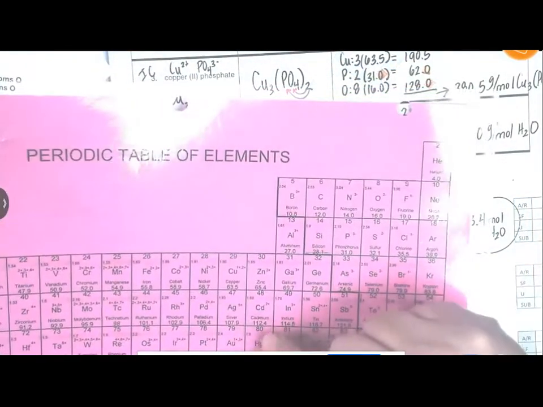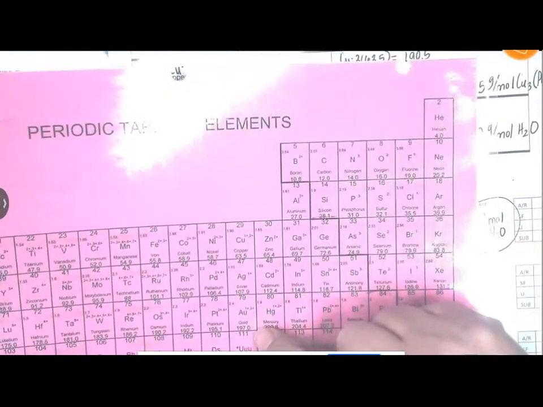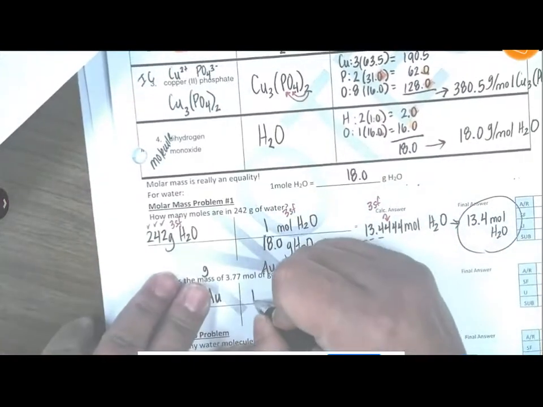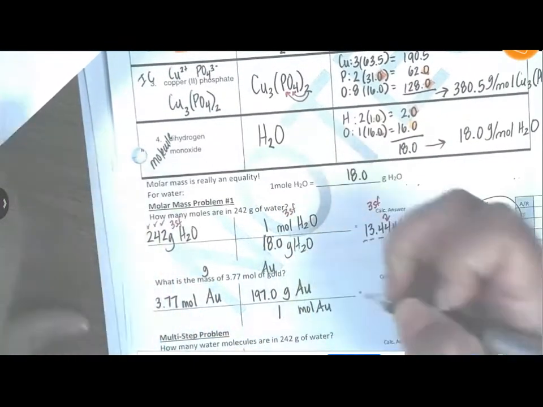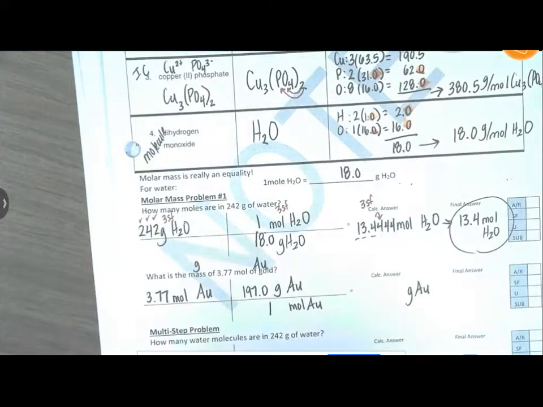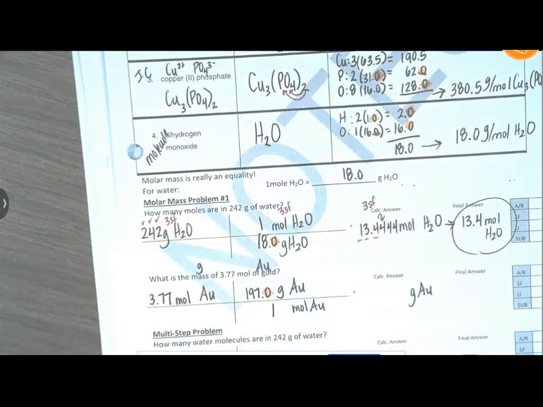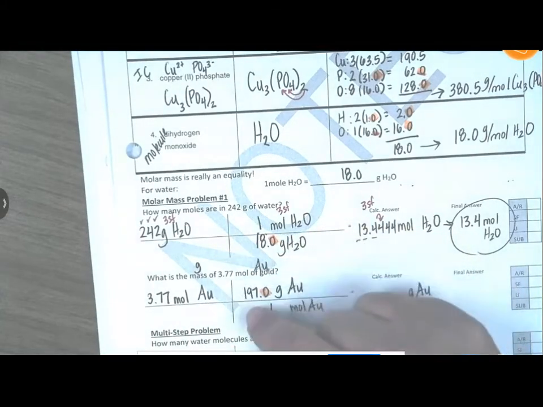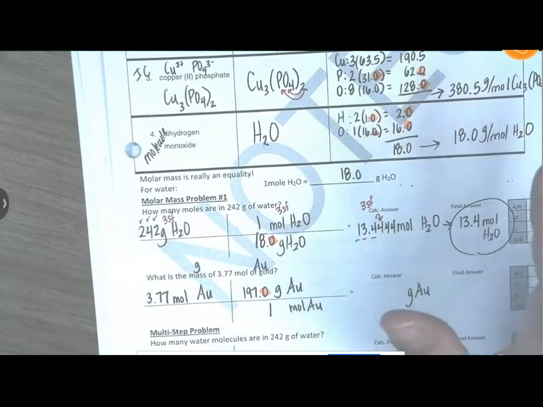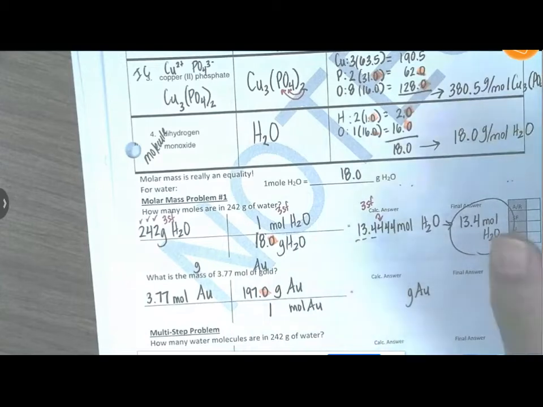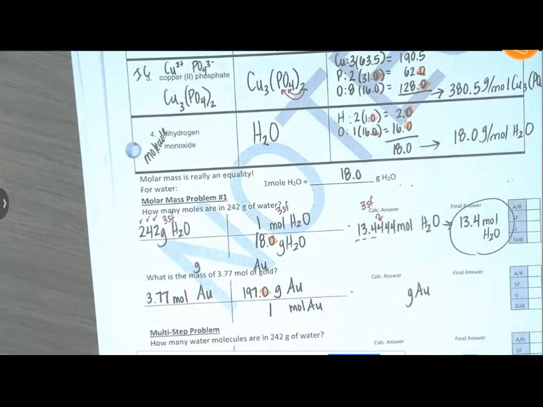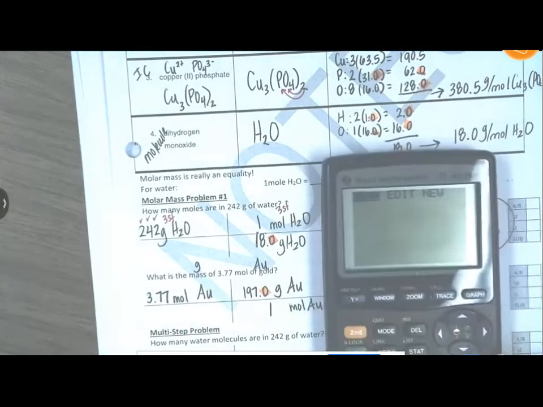I would go here, Au is 197.0, so I put 197.0. Now, you have to put that 0 there, just like this one here, 18.0. That is important. All molar masses have to go to 1 decimal place, so I want to make sure you understand that. Every year, there are students that just put 18 or 197. You can't do that. You have to have at least 1 digit in the tenths place. So now I put this in my calculator. I take 3.77.